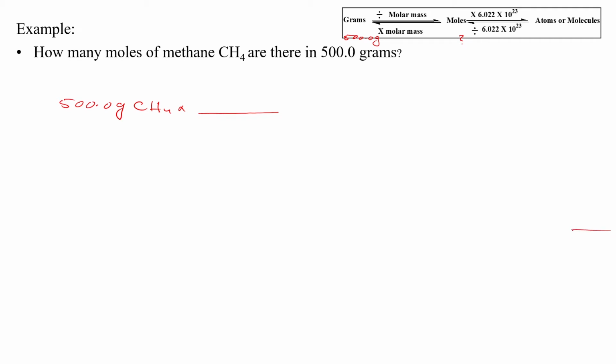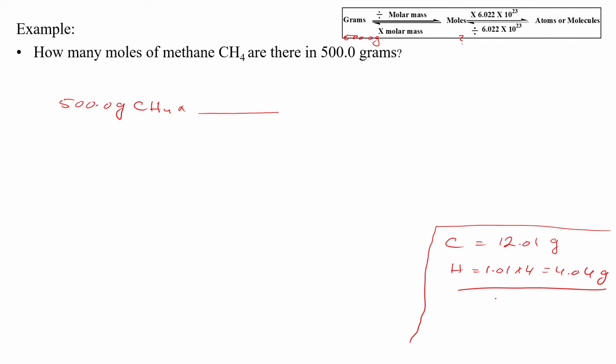We need the molar mass conversion factor. Let's do it here. Carbon is 12.01 gram from the periodic table. Hydrogen is 1.01 times 4, 4.04 gram. When you add all these, we have 16.05 grams of methane.